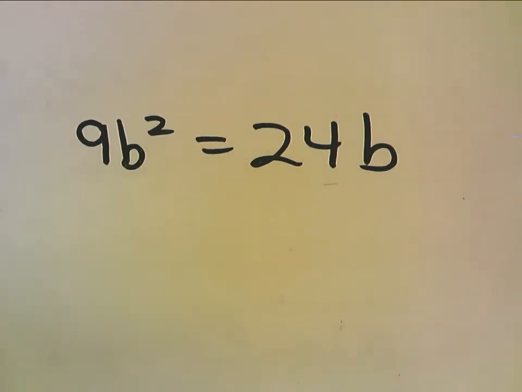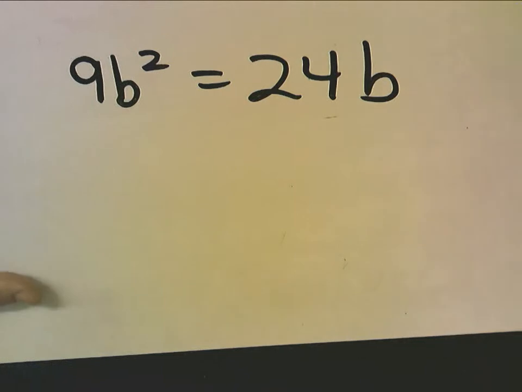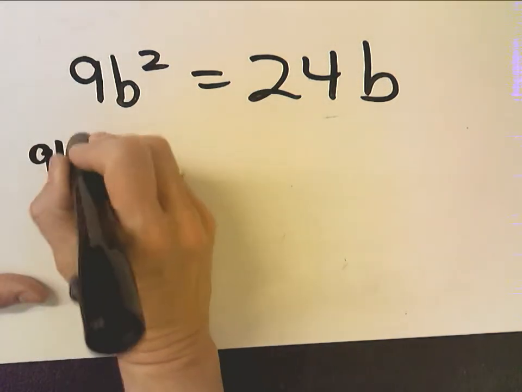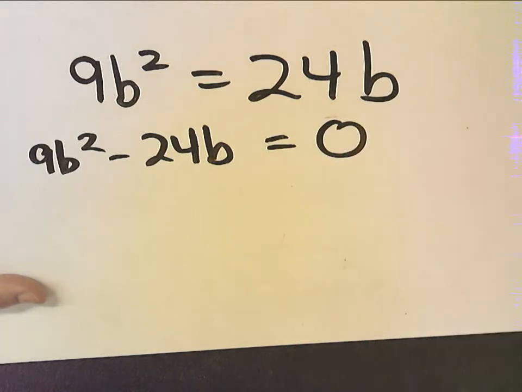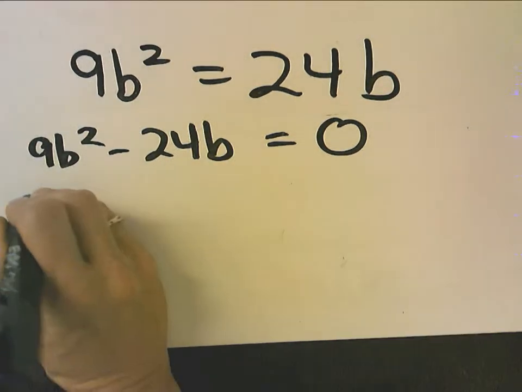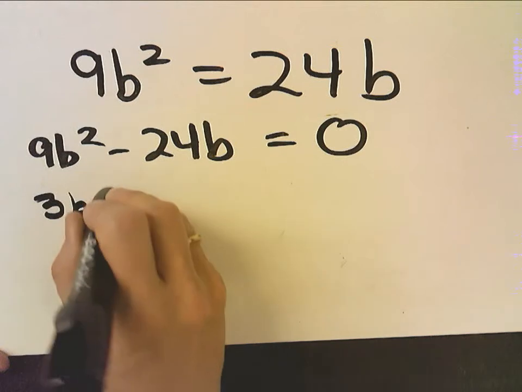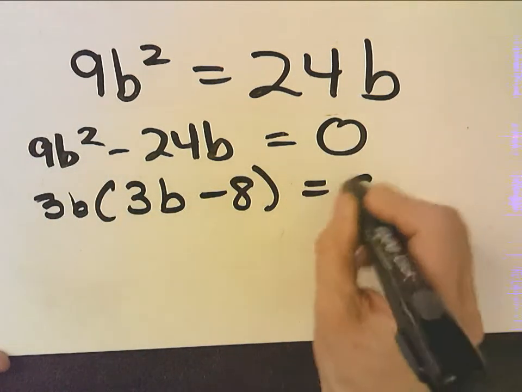So if you're ever tempted to do that, don't. So, I heard some of you say what we should do is subtract 24b from both sides. So we have it set equal to 0. Because once we have it set equal to 0, if we can factor it, we can solve it. So I can take out a 3b, and I am left with 3b minus 8 equals 0.